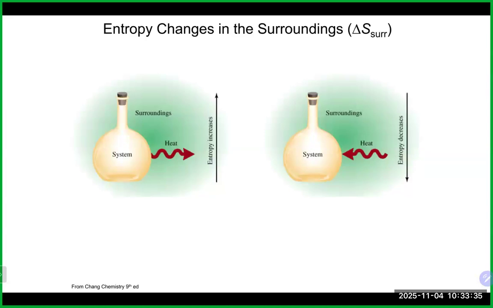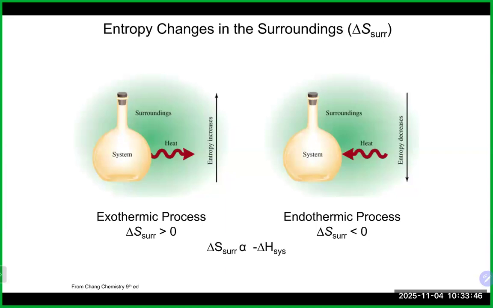Remember, the other part of the delta S of the universe is the surroundings. So we can see how the surroundings' entropy is affected by certain things. Really, the two types of processes we undergo here start with an exothermic process, which is when heat and energy are released.